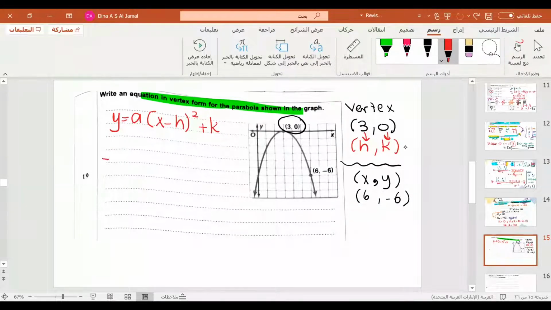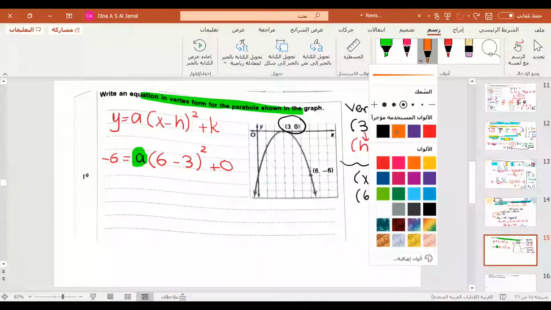So -6 is your y, a is not known for you, x is 6, minus h, it is 3, all squared, plus 0. So you only needed to find your a.